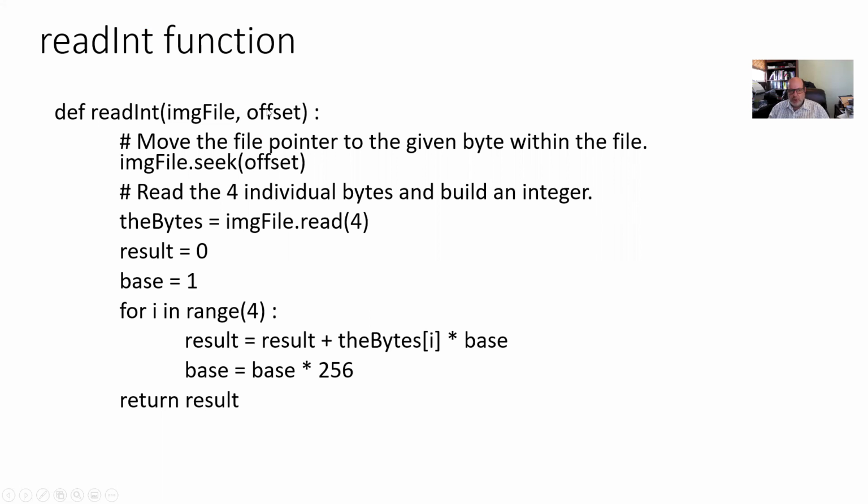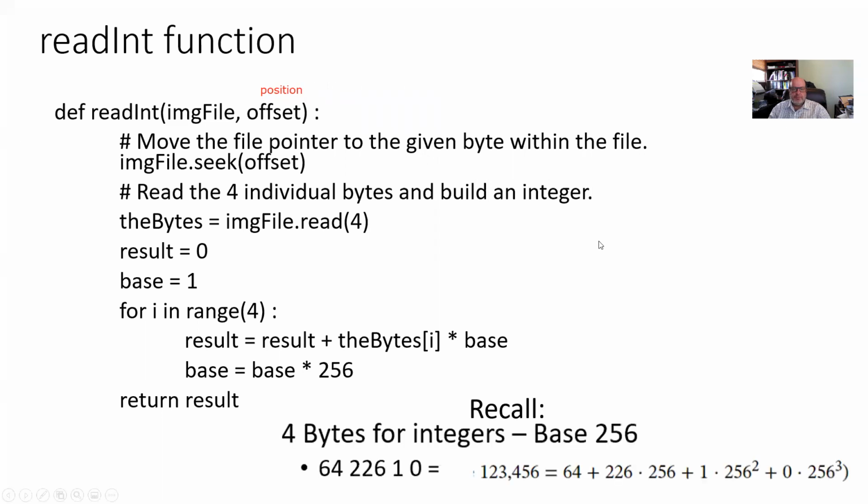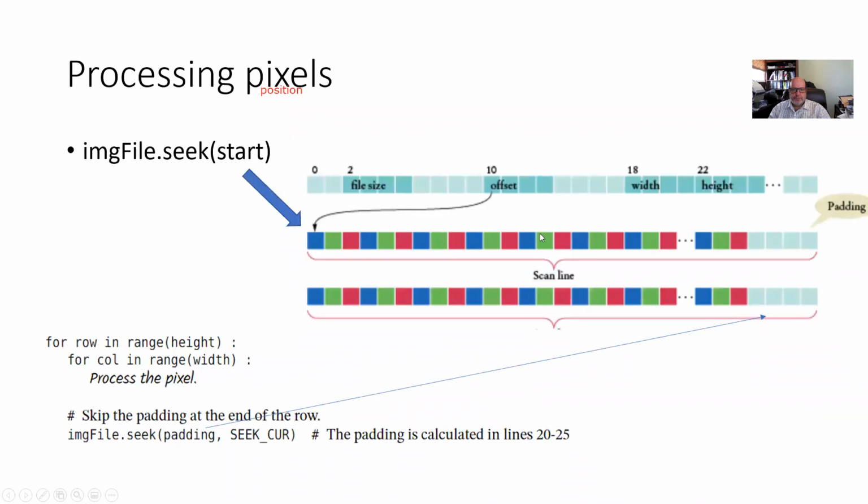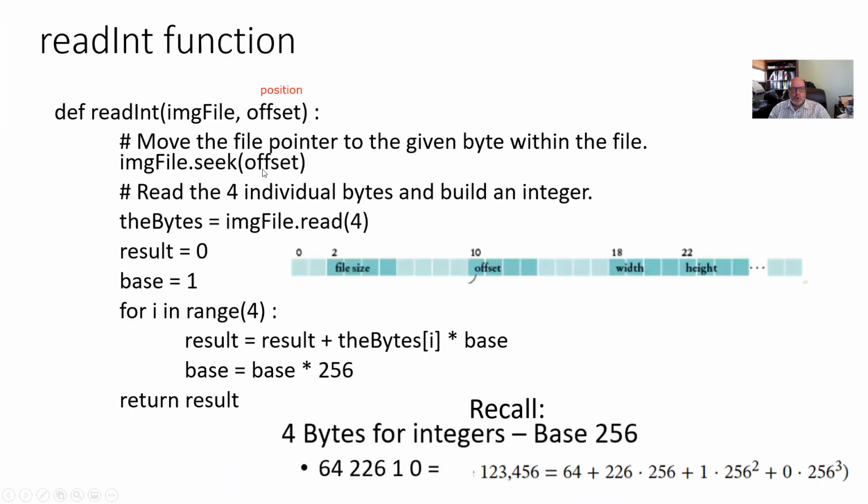We're going to get a position here. I like to call it position instead of offset so it doesn't interfere with the offset that we have over there. We go to that position using the offset.